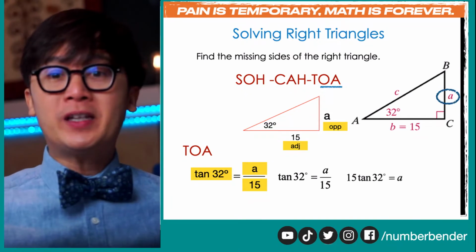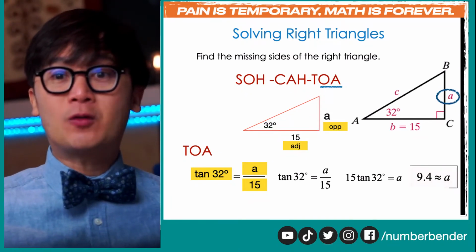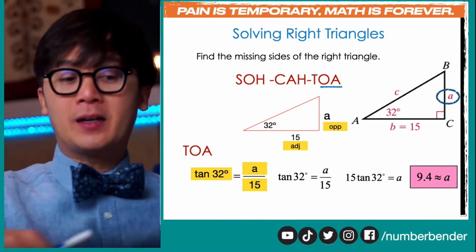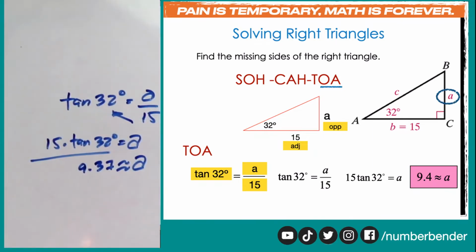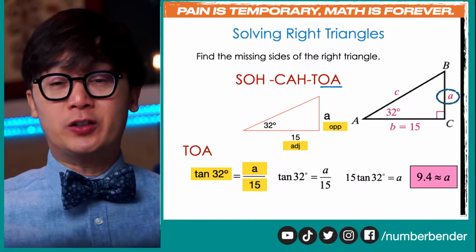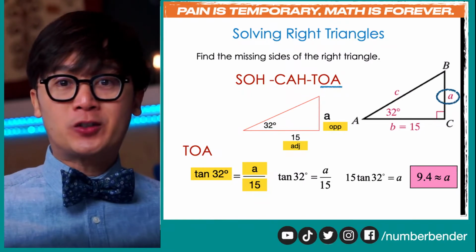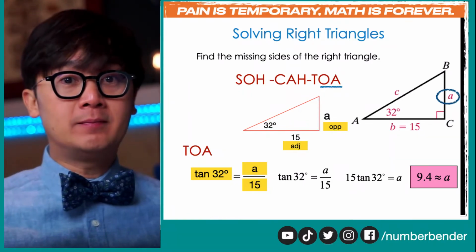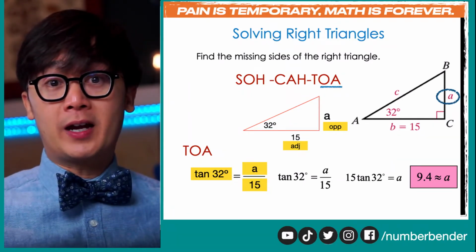So now we know that side length A is equal to 9.4. In my case I got 9.37, but rounding to the nearest tenths, I have 9.4 as our answer. So this is how we use SOH CAH TOA to answer problems involving right triangles.